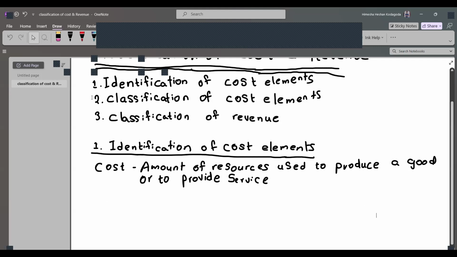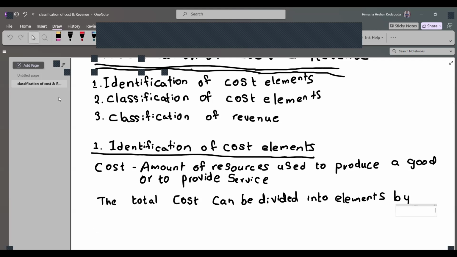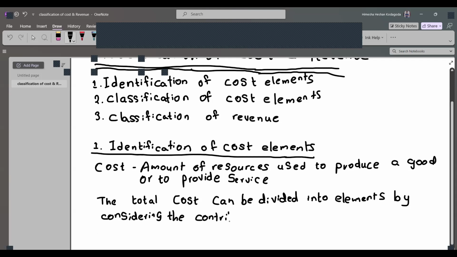So first of all you can write: the total cost can be divided into elements by considering the contribution to different costs.